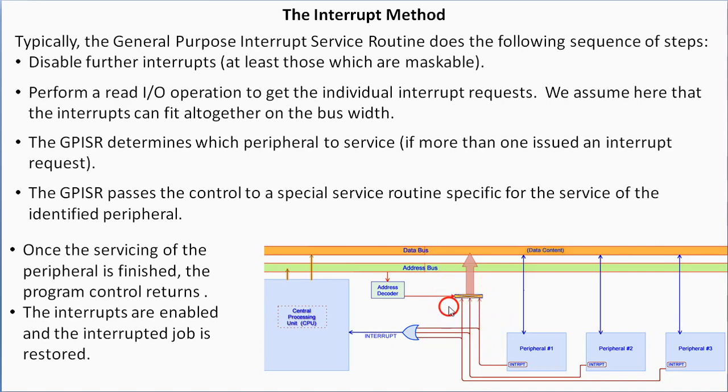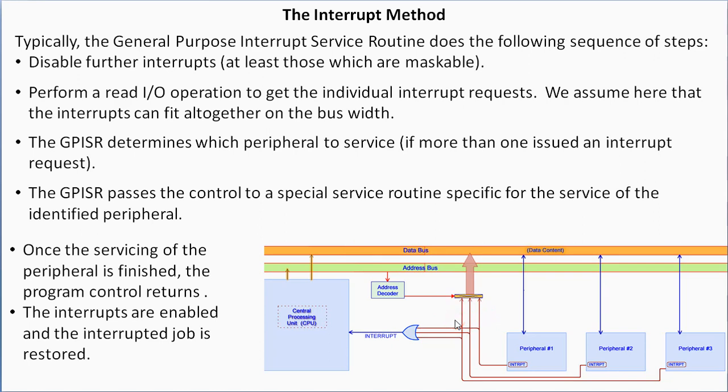For this example, this general purpose service routine drives the address of the tri-state onto the address bus to activate it and then be able to read all these individual signals. Then this general purpose service routine determines which of the signals are in fact active, which ones are zeros and which ones are ones.